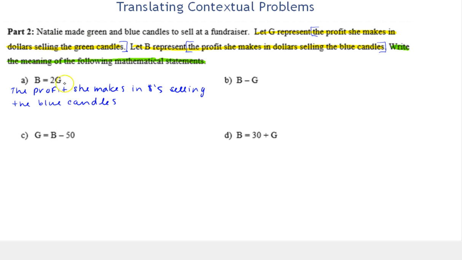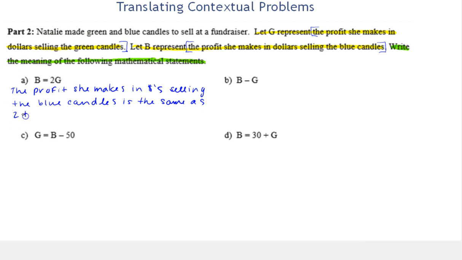Okay, so that's B. Now I see an equal sign. So I'm going to write, instead of just is, I'm going to write is the same as. I just want you to see that phrase because we frequently use that instead of just saying is in context. So it is the same as, now we need 2G, so 2 times G.